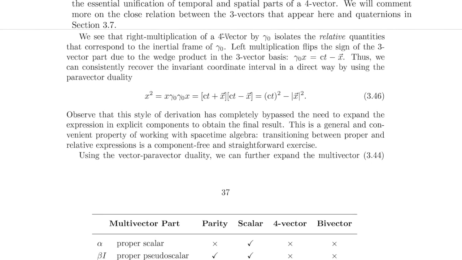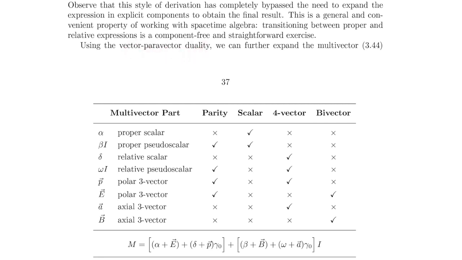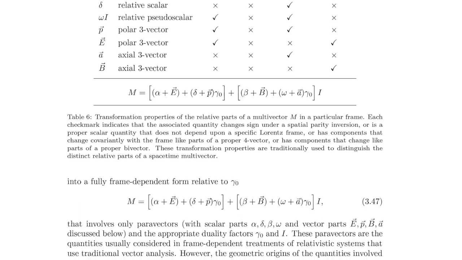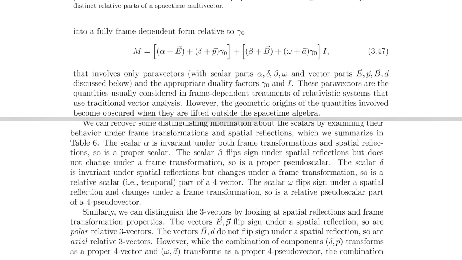Anyway, so that's good. So using the vector-paravector duality, we can further expand the multivector 3.44 into a fully frame-dependent form relative to gamma 0.